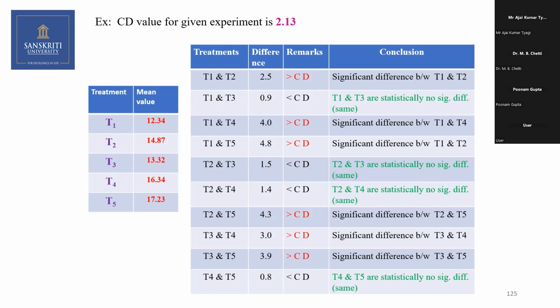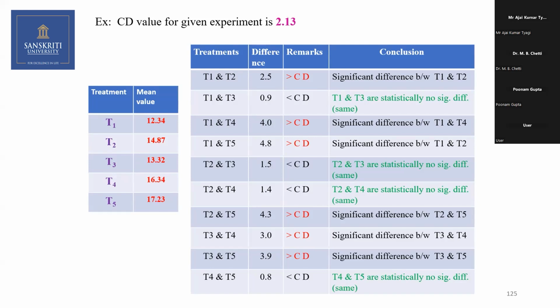When you compare T1 and T2, the difference is 2.5, which is higher than the critical difference. Then we say that there is a significant difference between T1 and T2. Whereas T1 and T3, if you compare, the difference is hardly 0.9. So T1 and T3 treatments are on par with each other. Statistically, it is not significant.